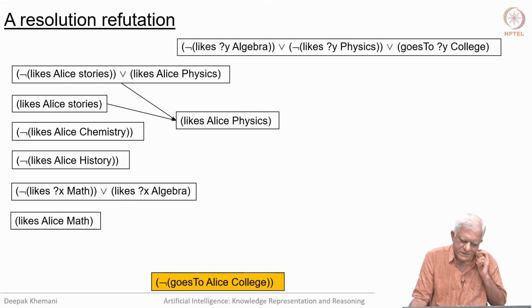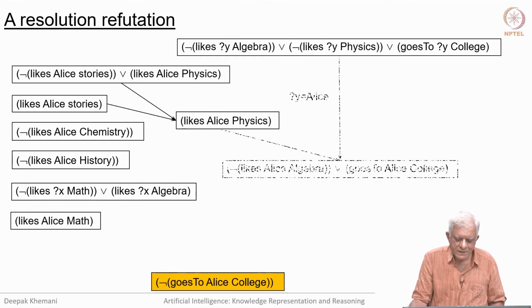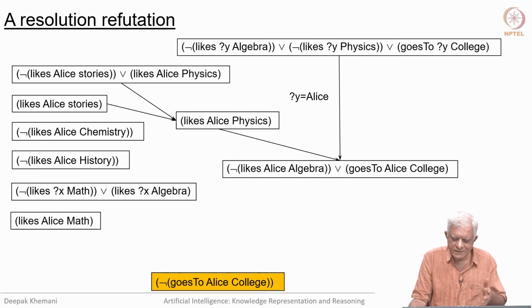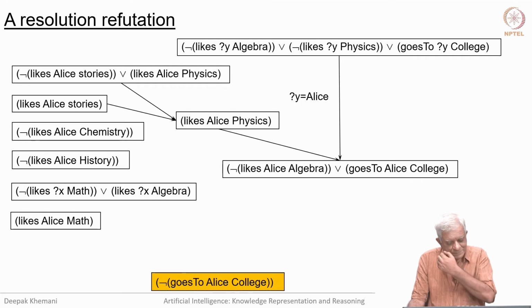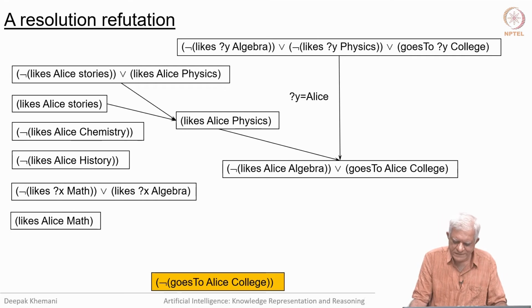First we cancel likes Alice stories with not likes Alice stories, and what we get is likes Alice physics, which is the resolution rule. Then using that and the rule that if she likes algebra and if she likes physics, then she will go to college, we have reduced it to a new rule which says if she likes algebra, then she will go to college, because the fact that she likes Alice stories has already been taken care of.